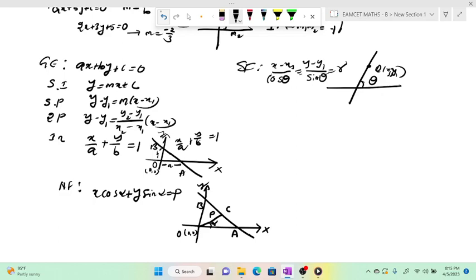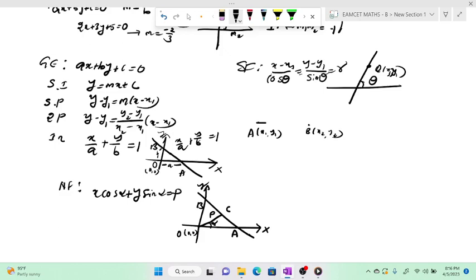Next, these are various forms of the straight lines. Next one is distances. Suppose the coordinates of A are x1, y1 and the coordinates of B are x2, y2.